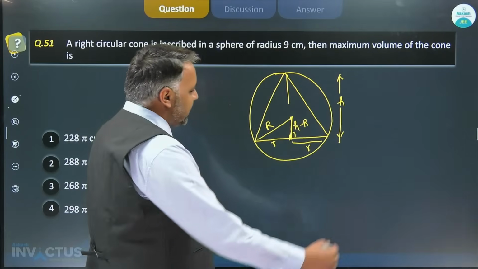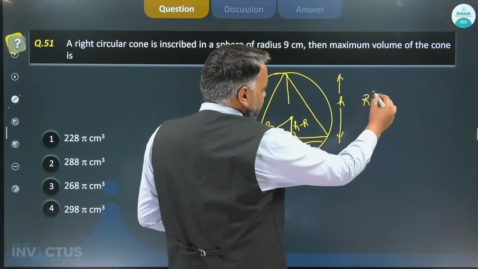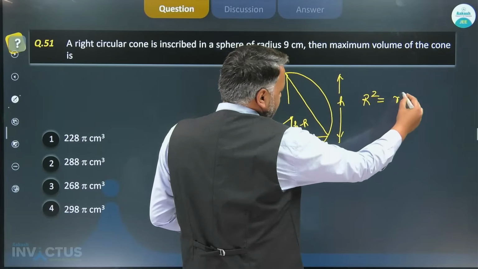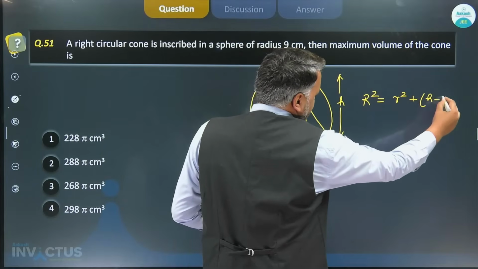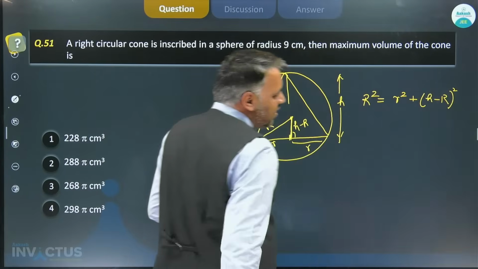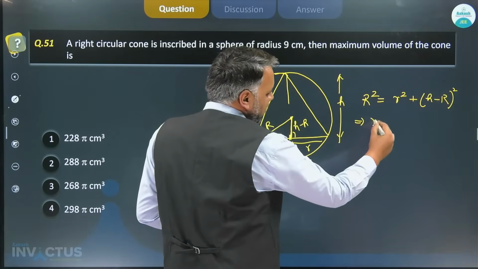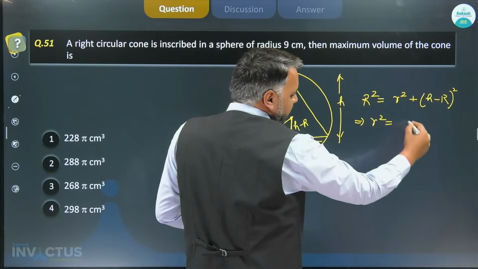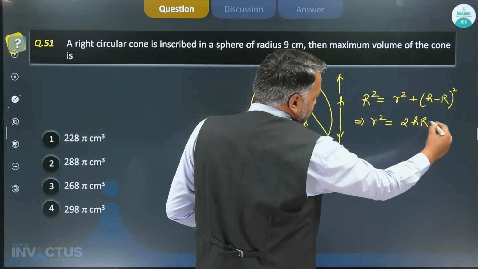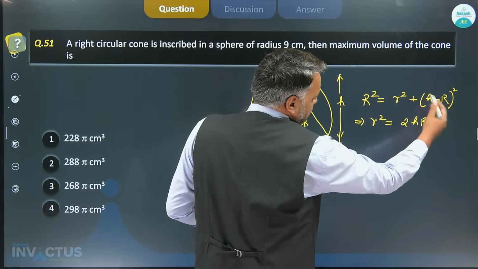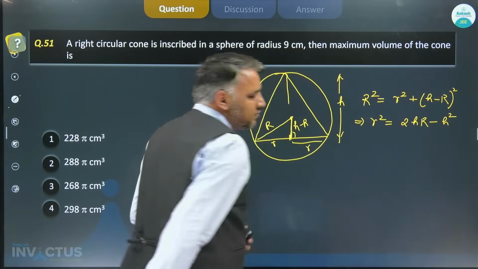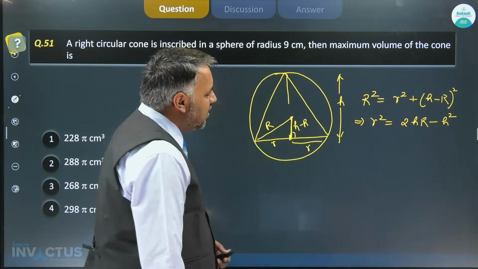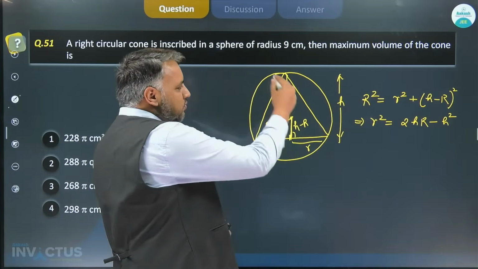So R square will be equal to small r square plus (h minus R) whole square. From there we will get the value of small r square, and that will be 2hR minus h square. It's very simple. And we have to maximize the volume of this cone.